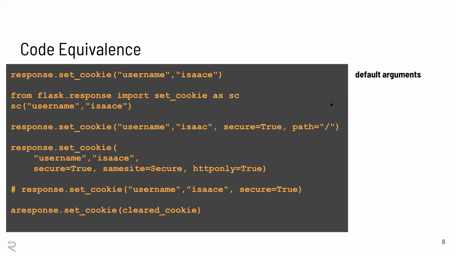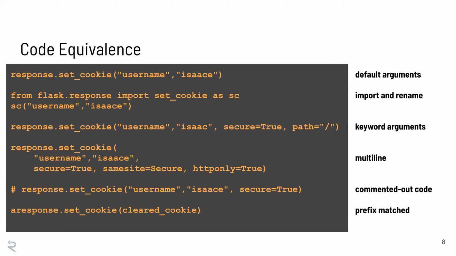So even in this relatively simple example, we've seen how default arguments in the code, the fact that we can import and rename, keyword arguments, which are unique to Python, multi-line code snippets, commented out code, and prefix matching are barriers to this idea that we had for using grep as a really high precision, easily customizable way to give intelligence to other people in our organization about, hey, it's probably going to be a security problem if you program in this way.